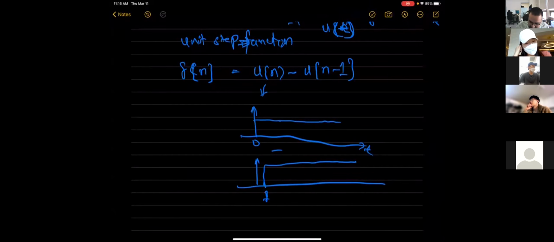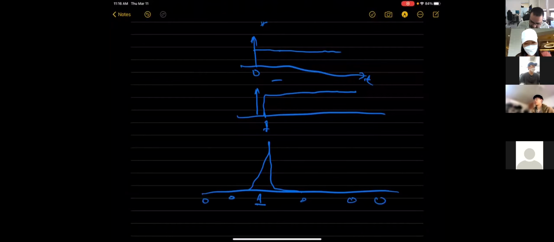It would look something like this, right? It will be a peak at 1 and then it will be 0 elsewhere. So this kind of signal is called unit impulse signal. Clear? Now let's go to MATLAB and see how we can plot these signals.